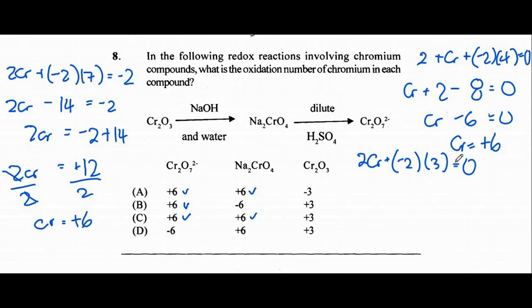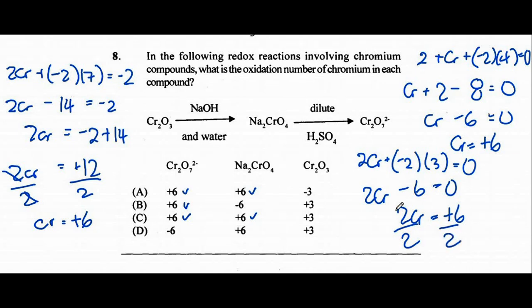So 2 threes is 6, minus 6. 2Cr is equal to plus 6 if you add it to both sides, and we divide by 2 on both sides because we just need Cr. So Cr here is equal to plus 3. So the answer is C. So number 8 is C. Hope you're getting this.